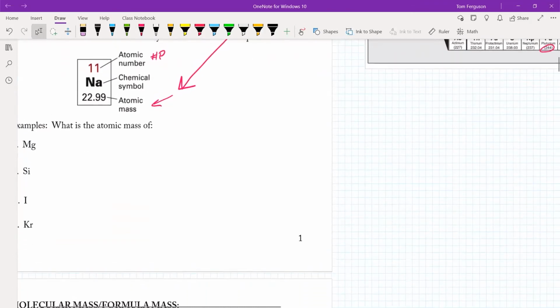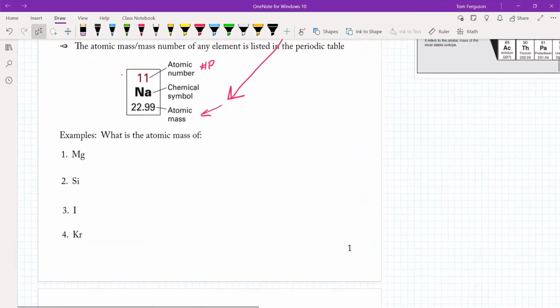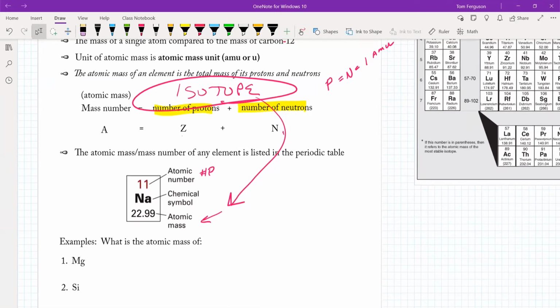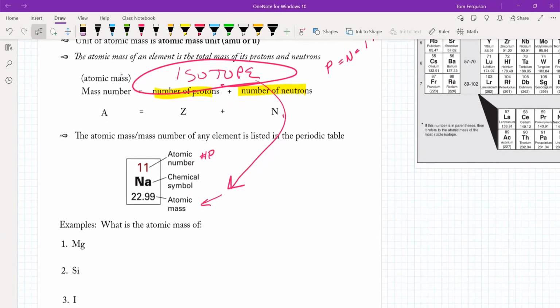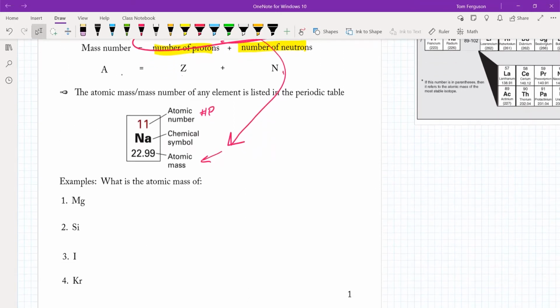Also, let me mention the units of atomic mass. There are two units of atomic mass. One is AMU, atomic mass units, or U, and also grams per mole. So what is the atomic mass of magnesium?